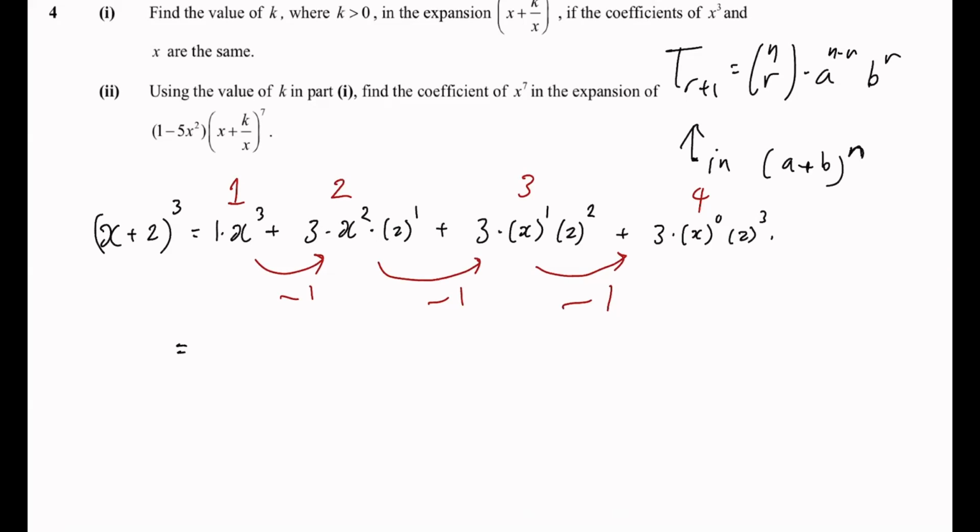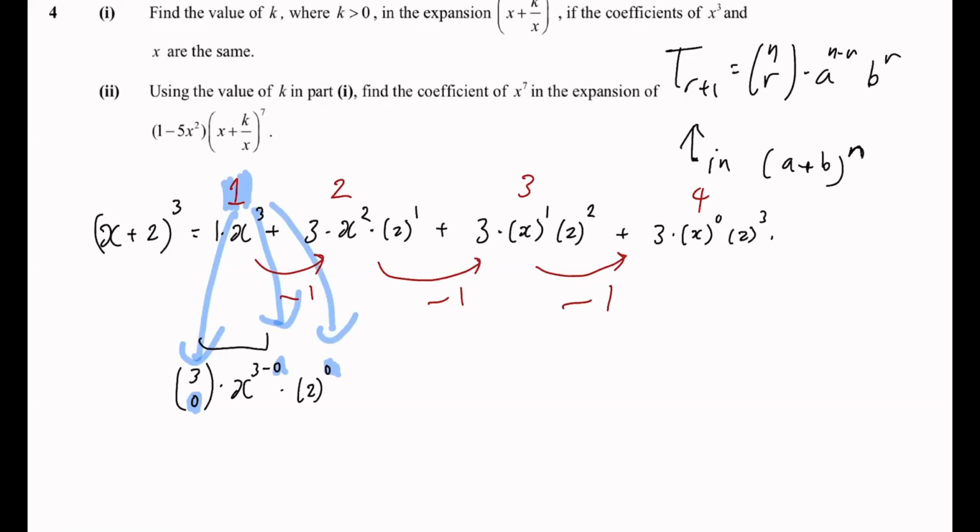This 1x cubed is actually just 3 choose 0 times x to the power of 3 minus 0 times there's an invisible 2 power 0. Correct? Then how do you link the number 1 here with the 0, 0, and 0? You have to minus 1, right? Notice that?